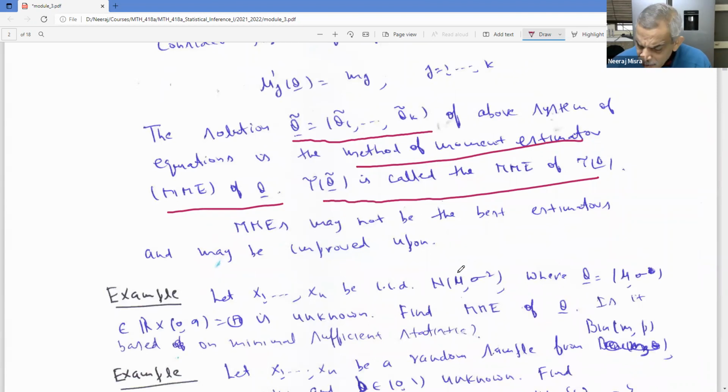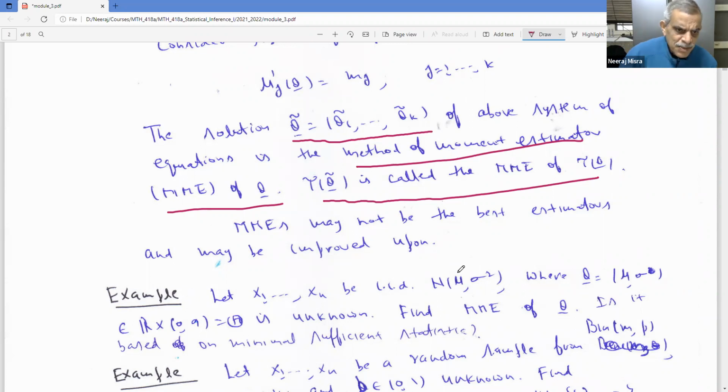The idea is very simple, very intuitive: you equate sample moments with the population moments, because if your sample is large enough and a true representative of the population, then the sample moments would be good approximations for the population moments. Now, if they are good approximations, I can equate them and solve the equation.